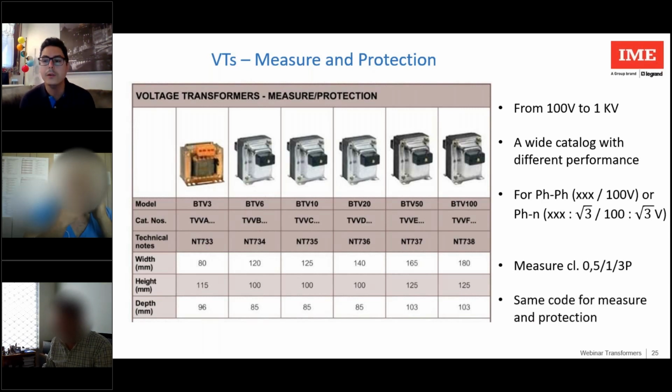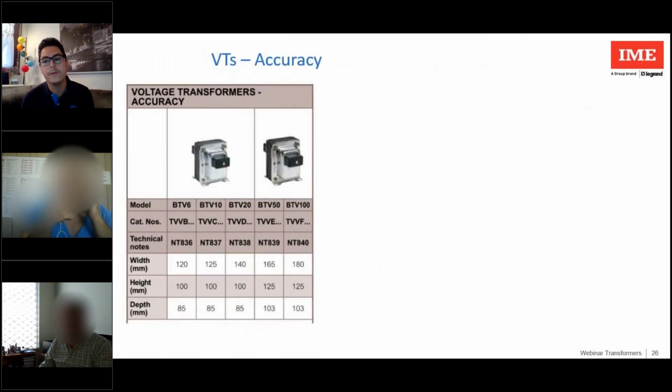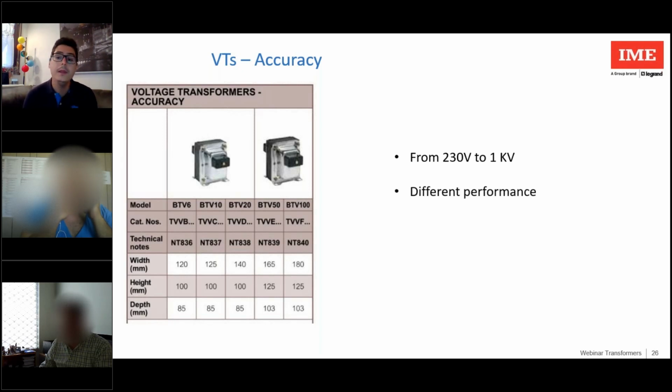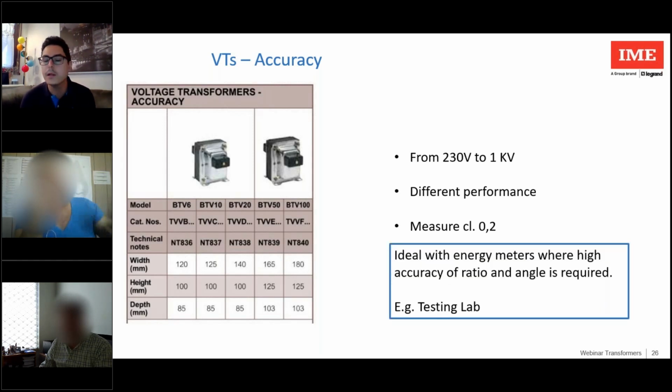In fact, on the labels, we will find the double class 0.5 or 1 and 3P. The principle of the classes remains the same as for the CT. And also for the VT, we find the precision range capable of measuring voltage from 230 volt to 1 kilovolt in class 0.2, ideal for very precise measurement where required, like, for example, a testing lab.